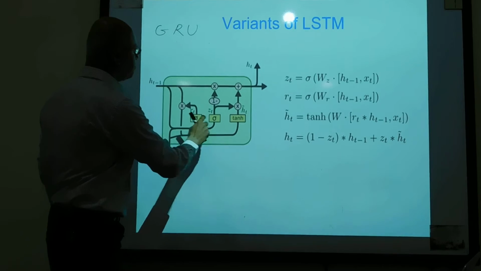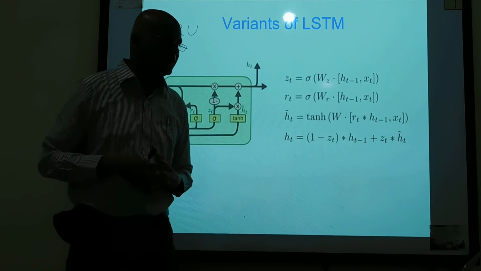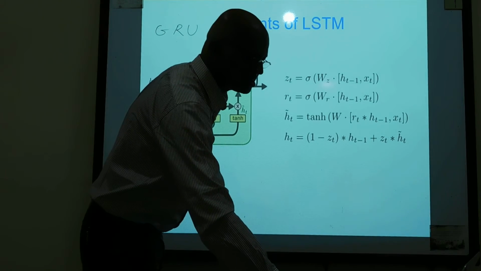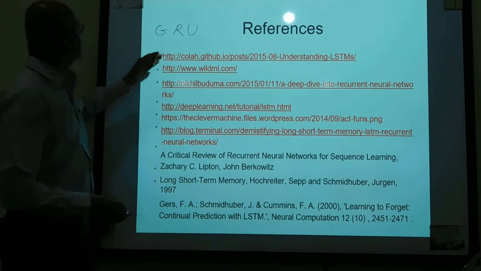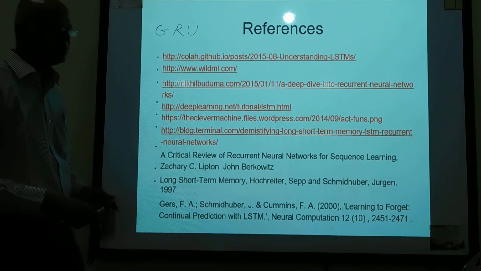The number of gates is reduced, so it is a simplified version, and that has become more popular in the recent past. So these are some of the references from where some of these slides were taken.